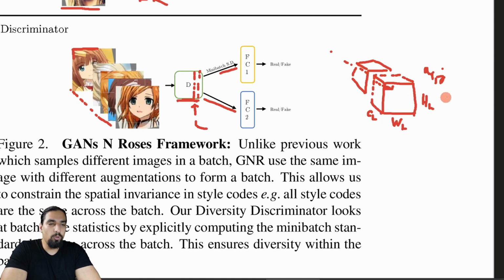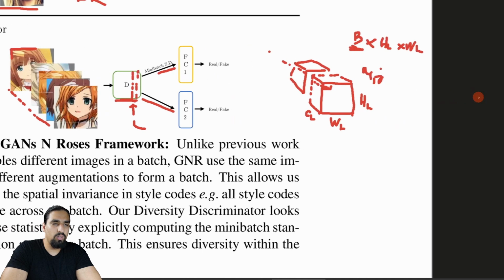Now I don't know whether they are actually aggregating those standard deviations across the channels, or whether they are just lumping the whole thing, so whether the final shape will be something like B times height L times width L, or whether they aggregate across this dimension and just feed that. So it's kind of not clear.